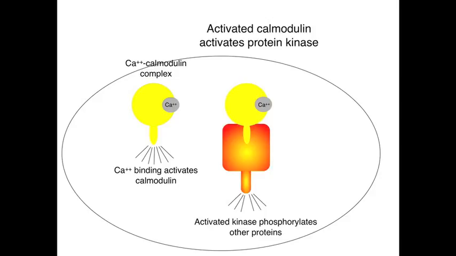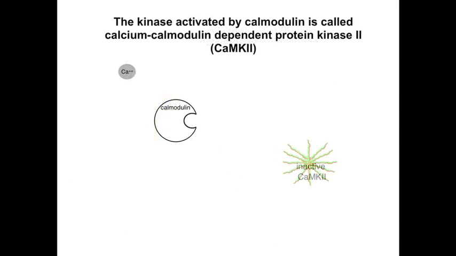The activated protein kinase can then phosphorylate other proteins, which include ion channels such as AMPA receptors, as well as a number of other proteins. There are a number of inactive kinases in neurons, but the kinase that is activated by the calcium calmodulin complex has a long name. It is called calcium calmodulin dependent protein kinase 2, or CaM kinase 2 for short.